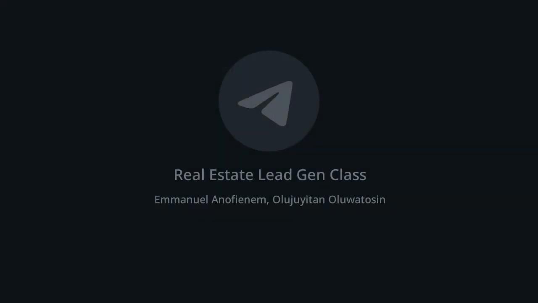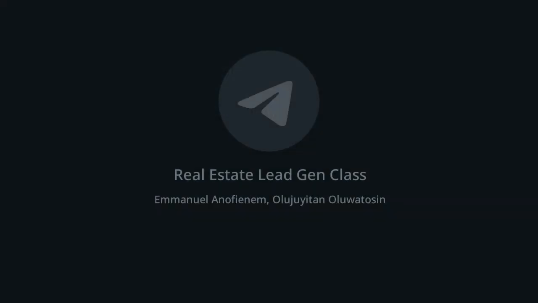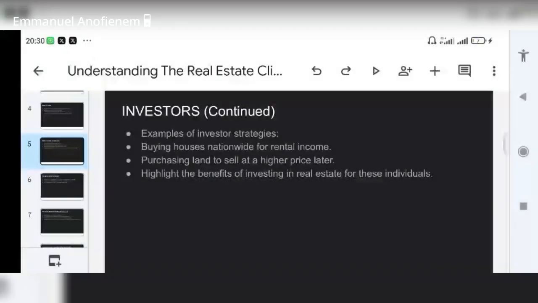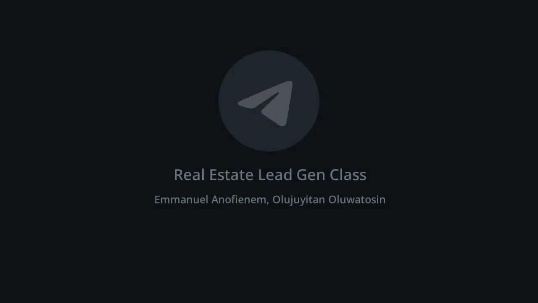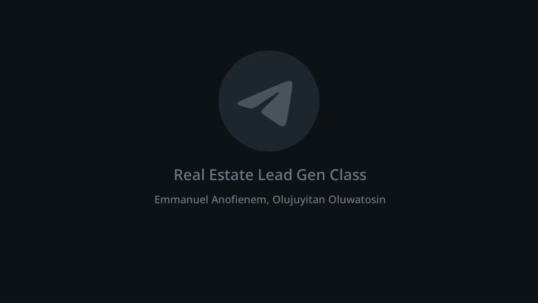So some of the things that investors do, they buy properties nationwide for rental, some purchase land to sell at a higher price later. So your job basically is to highlight and make it very clear and simple the benefits of investing in real estate. So now let me say this thing.